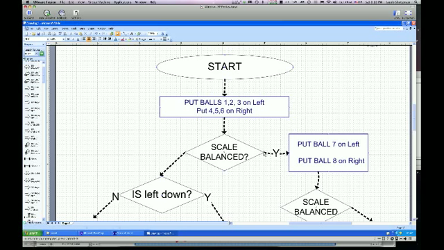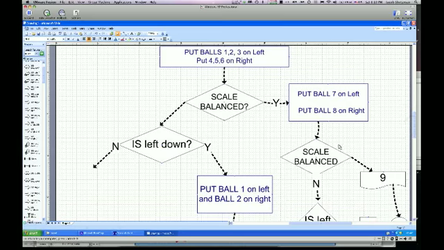So if the answer is yes to this question, if the scale is balanced, then we take ball number 7 and put it on the left side of the scale, and put ball number 8 on the right side of the scale. So now we're checking balls 7, 8, 9. And we ask again, is the scale balanced?